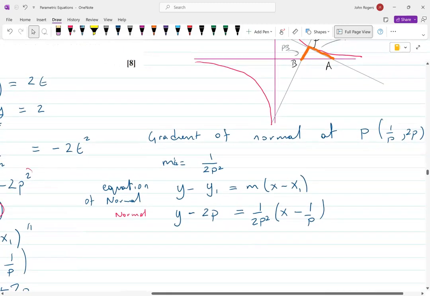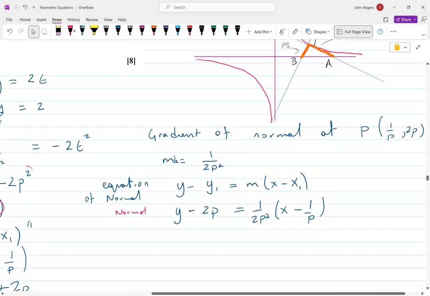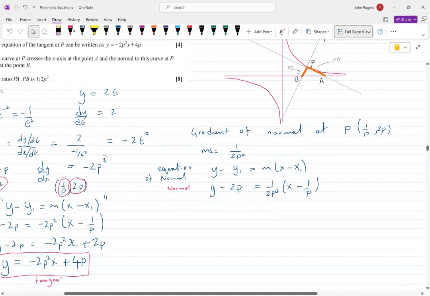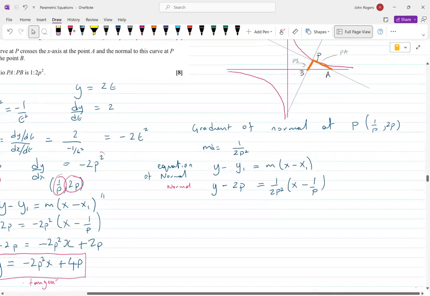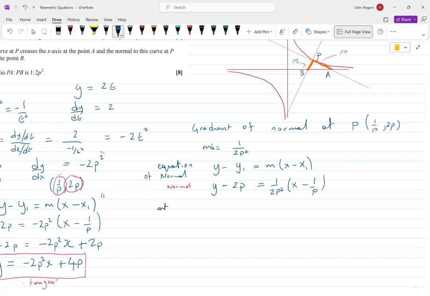We'll do that now. We can use the equation of the normal to do that, because at the point B we've got y equals 0. So we have minus 2p is equal to 1 over 2p squared times x minus 1 over p.